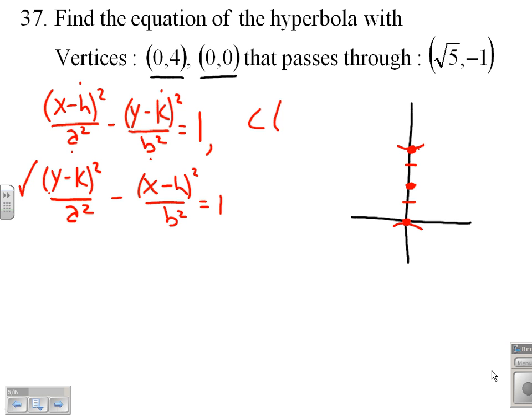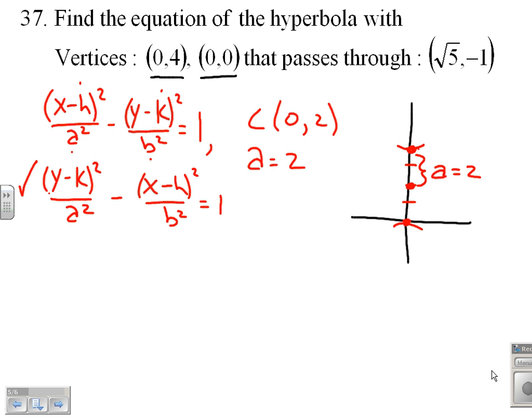I've got the center at (0, 2). And one more piece of information we know. This distance 2 is a. a is 2. That's an awful lot of information for us to be given from just having the vertices. We have everything except for b.